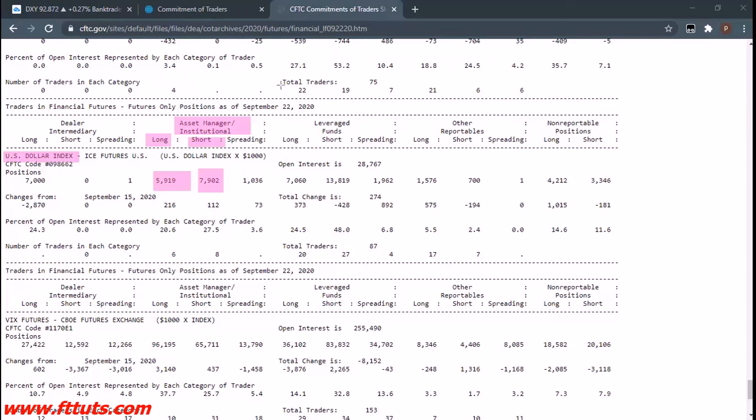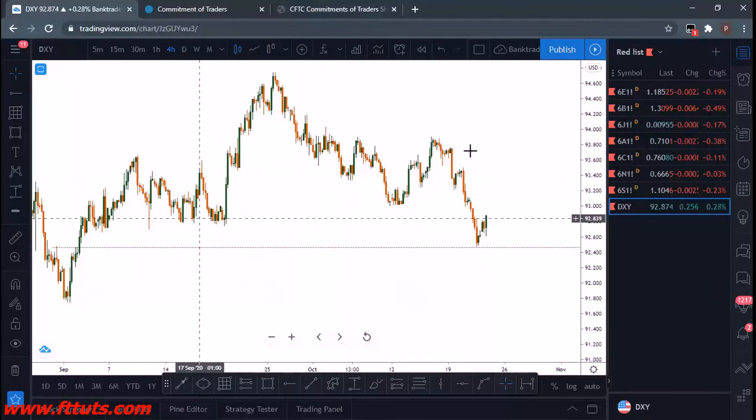Okay, so what does that mean when it comes to that question that you asked? Can I take a counter trend trade? Yes. Now you can take a counter trend trade because you know that the dollar is strong.